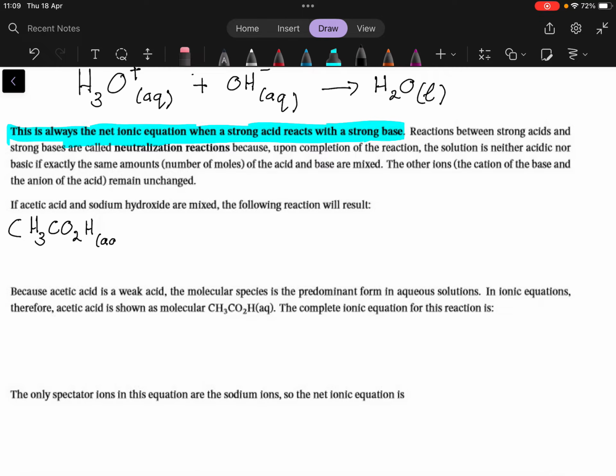It's dissolved, in an aqueous state, plus sodium hydroxide, also in the aqueous state, producing what? So what is the base? Sodium hydroxide is obviously the base. It will deprotonate the acetic acid. And well, we know there are exchange reactions. In other words, this H will go there, and the sodium will go there.